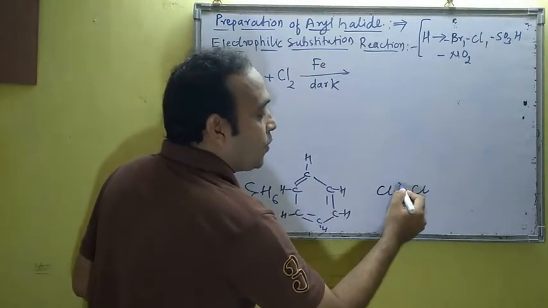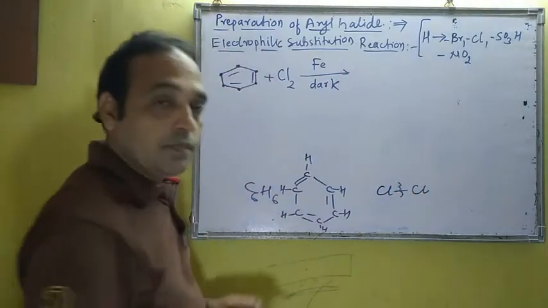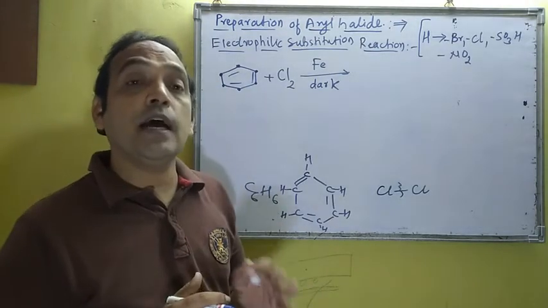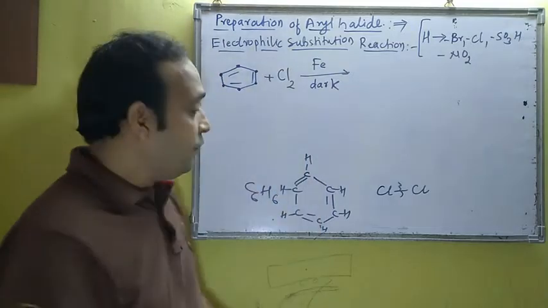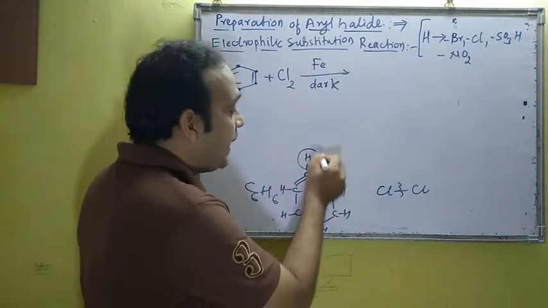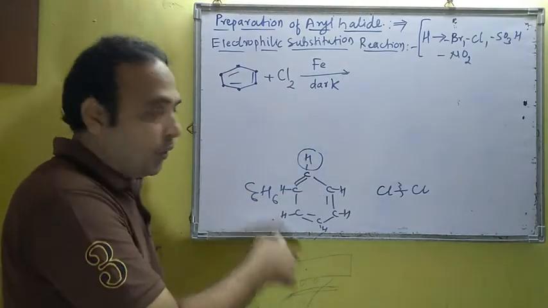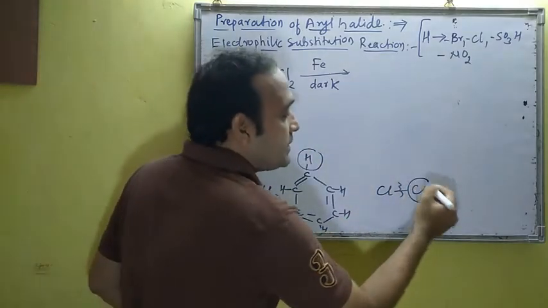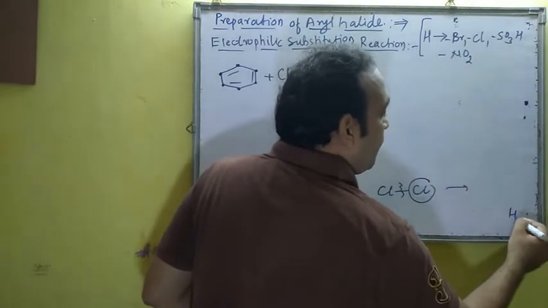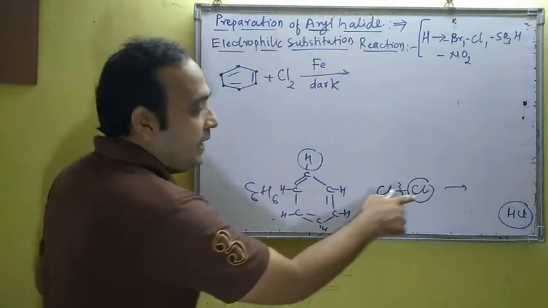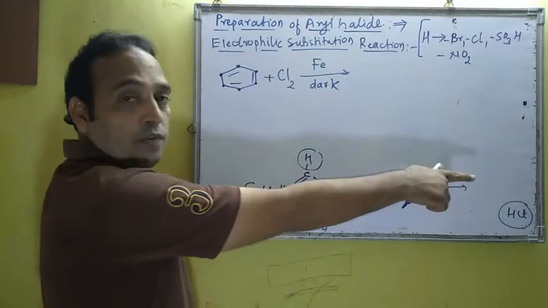When chlorine breaks, it gives a positive charge species, and positive charge species are called electrophiles. In this case, one of the hydrogen atoms from any position of benzene and Cl, there is a removal of HCl.